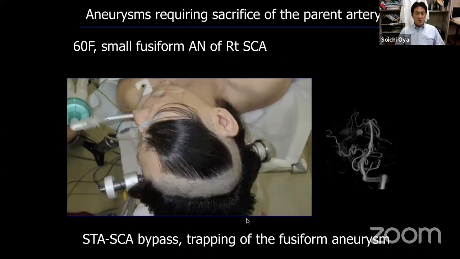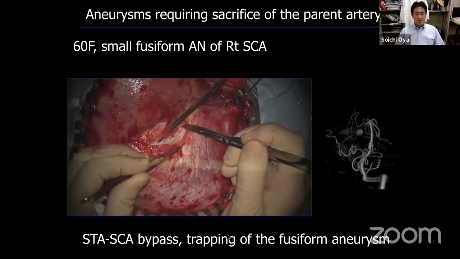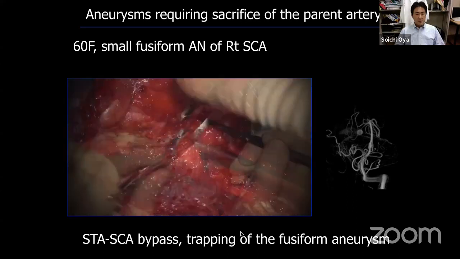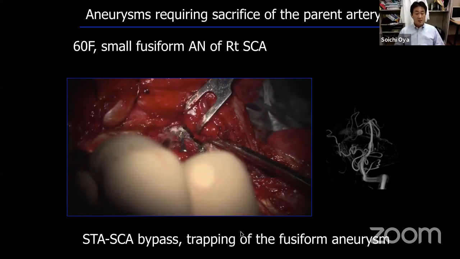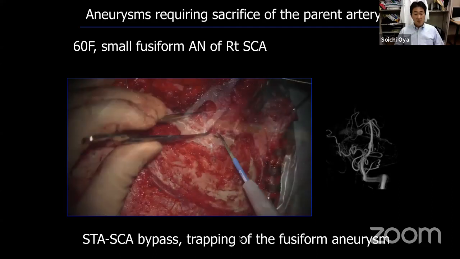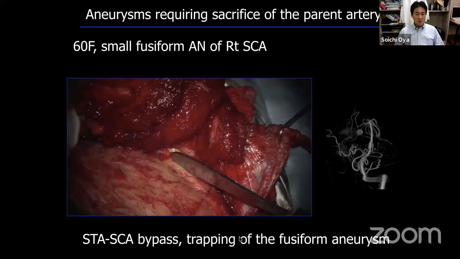The patient was placed in the supine position, and her neck was rotated to the left. This is a two-layer dissection and the transzygomatic approach, and the temporal muscle was reflected as low as possible.